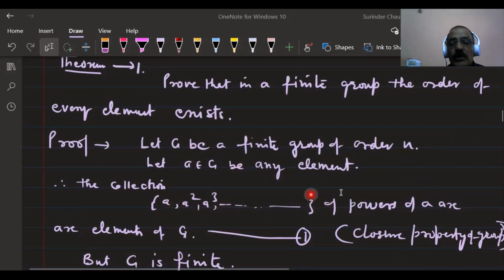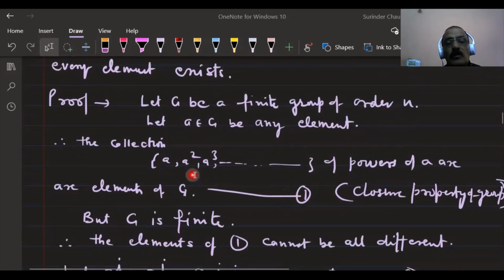So this collection of powers of a are elements of G, because G is a group and closure property holds. These are infinitely many elements, all elements of G. But the order of G is n, so out of these infinitely many elements, only n elements are different.